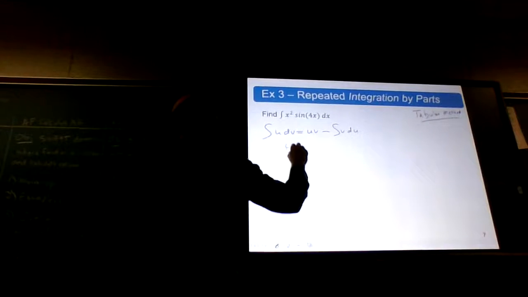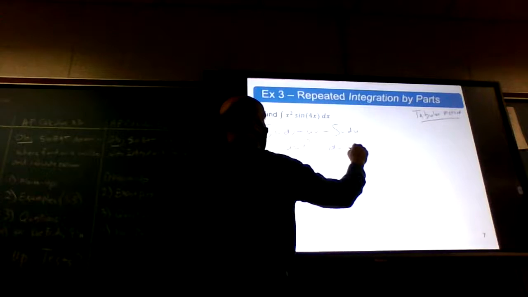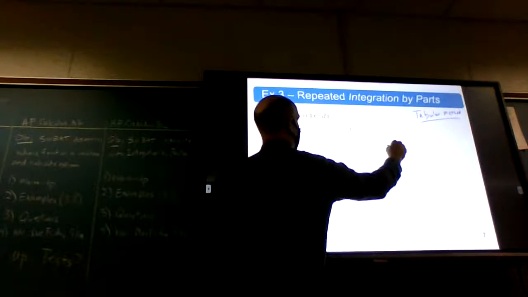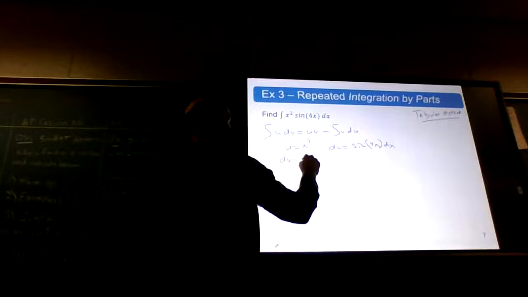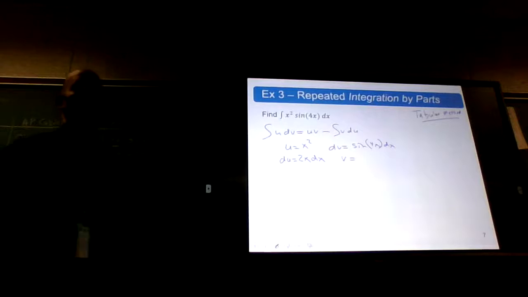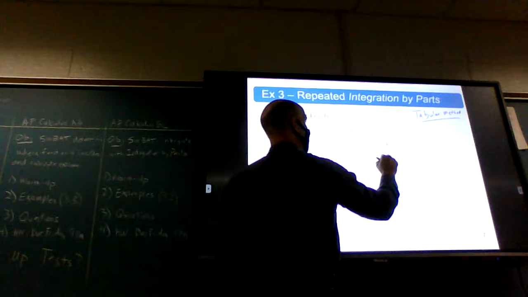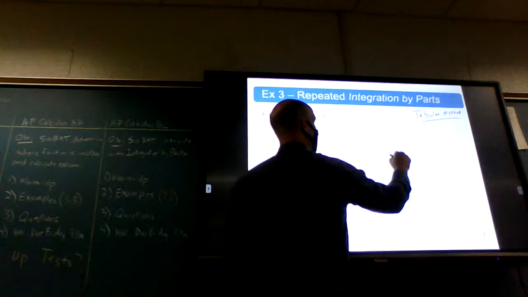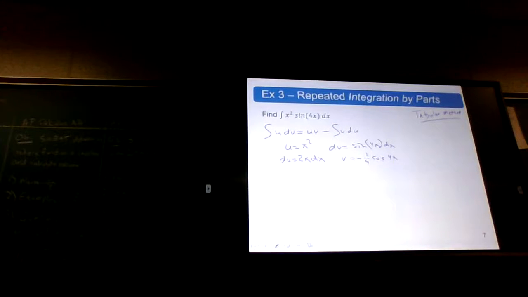So what's u? x squared. dv: sine 4x dx. du: 2x dx. v: negative 1/4 cosine 4x. Good? Okay, so I'm going to go ahead and work this one.